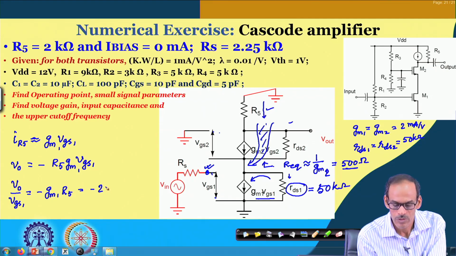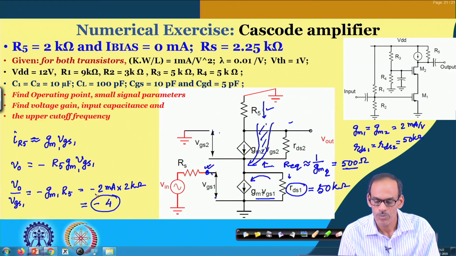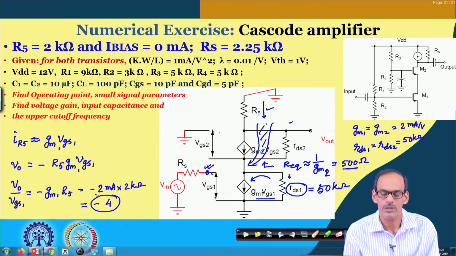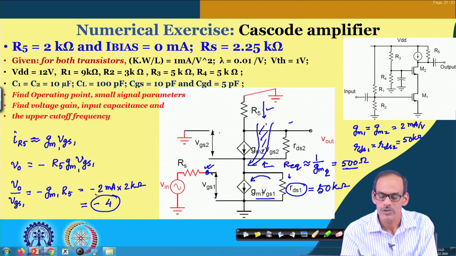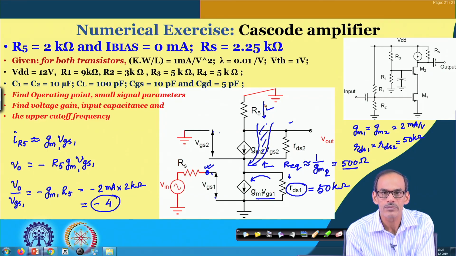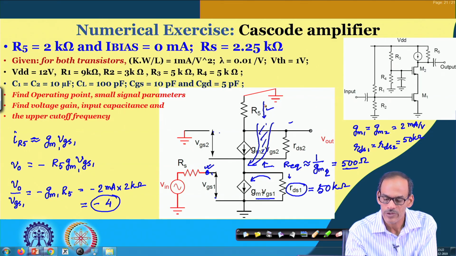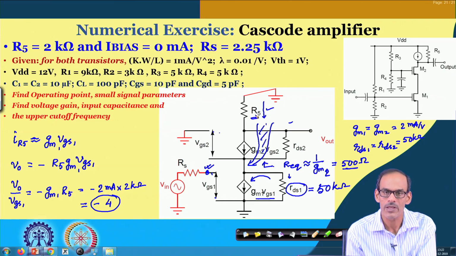So 2 milliampere per volt multiplied by 2 K gives us a gain of only 4. As expected, MOS transistors have low gm, so that is why you have low gain. In case you really want to use a MOS transistor for amplification, we can look for a cascode structure, and for that we can increase this resistance.